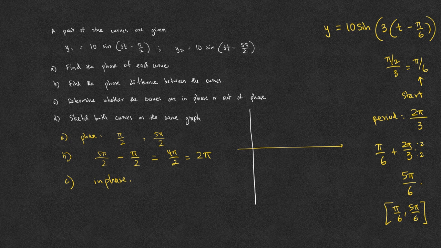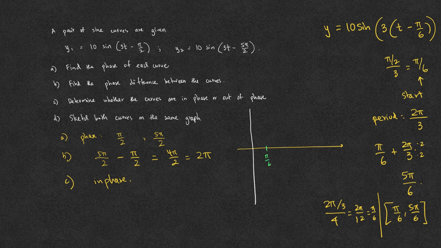To do this, we will take the period, which is 2 pi over 3, and we divide it by 4 to get 2 pi over 12, or simply pi over 6. And so we start with pi over 6.